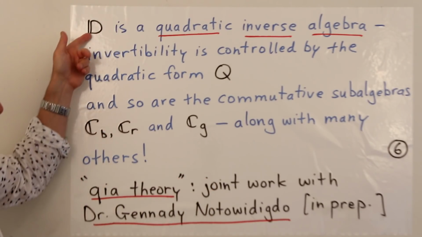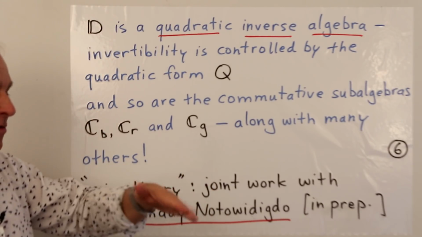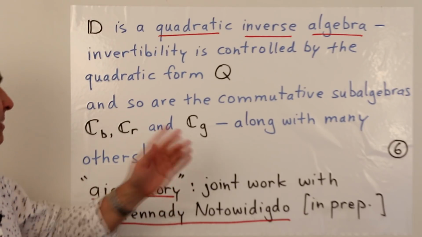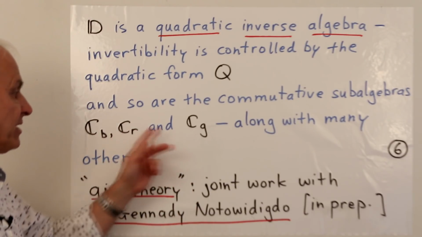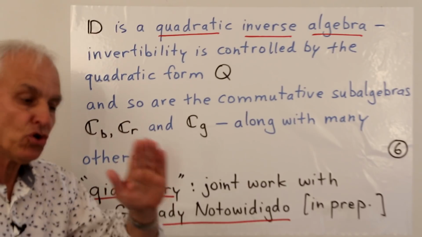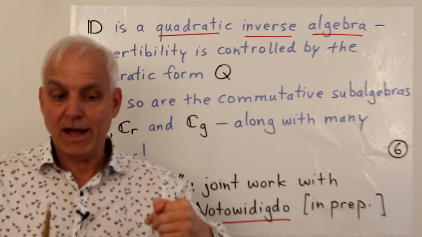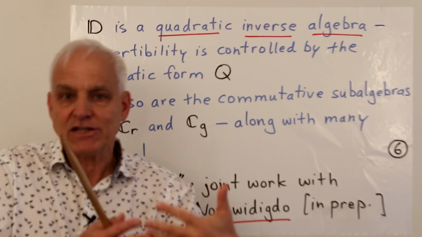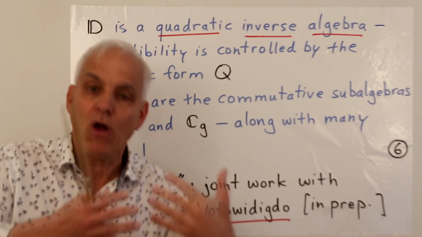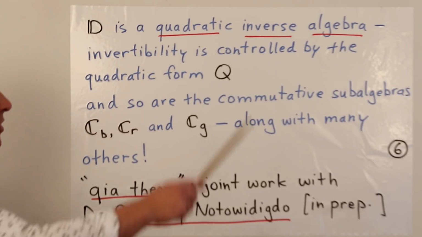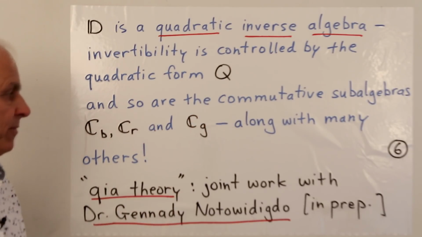And when we take the subalgebras that we've been considering, the subalgebras C sub B, C sub R, C sub G, okay, these are two-dimensional commutative subalgebras, then we get very nice arenas for doing arithmetic, and they will also be examples of these quadratic inverse algebras.